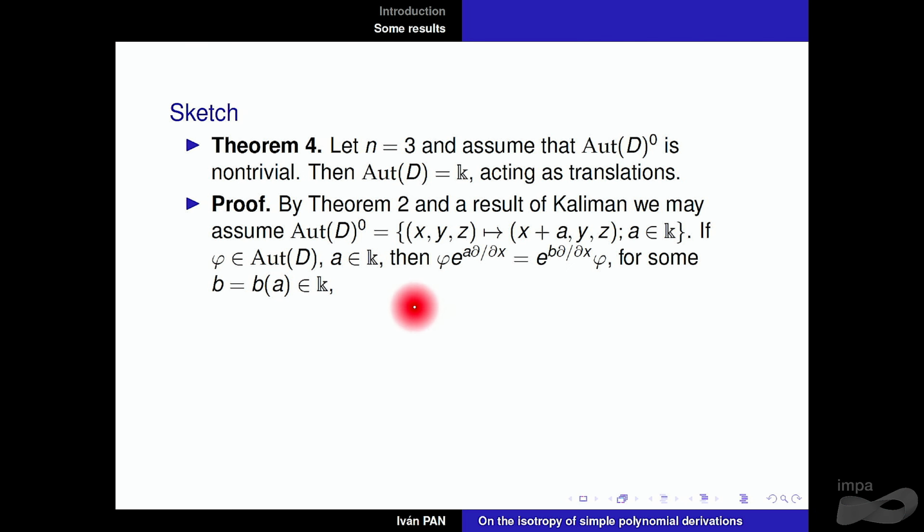But I wrote translations in this form because it's the same thing. This is the exponential of the derivative with respect to x. It's exactly the same as the translation x plus 1 plus a.